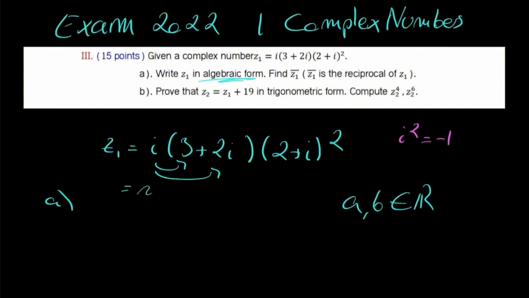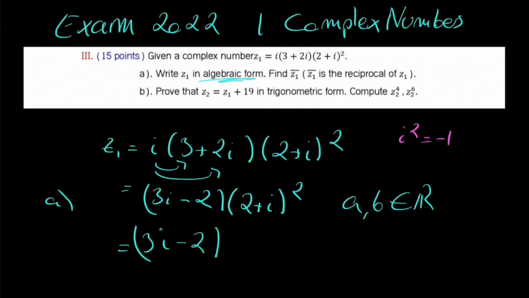Okay, so we've got z1 is equal to 3i minus, so the minus comes from the i squared, minus 2 times (2 plus i) squared is equal to 3i minus 2 times, so 4 plus 4i plus i squared, so that's equal to minus 1.